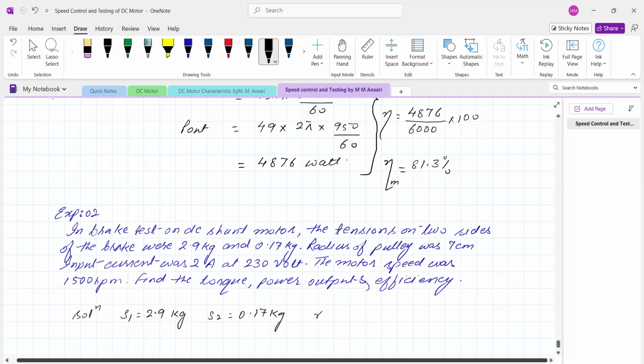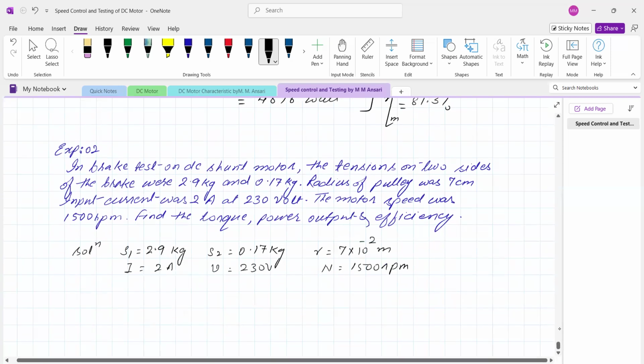Radius of pulley R is equal to 7 centimeter, 7 into 10 raised to minus 2 meter. Current I is equal to 2 ampere and voltage V is equal to 230 volt. The motor speed is 1500 RPM. Find the torque, power output and efficiency.